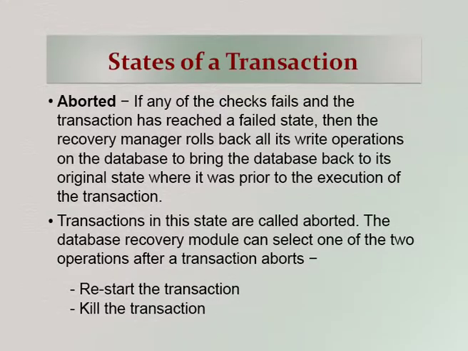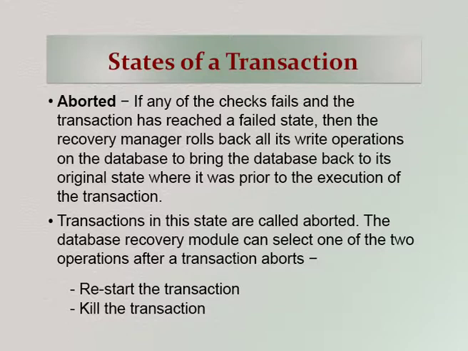Then the next state of a transaction that can be considered is aborted. If any of the checks fails and the transaction has reached a failed state, it means that the transaction has not happened, and the recovery manager rolls back all its write operations on the database to bring the database back to the original state.